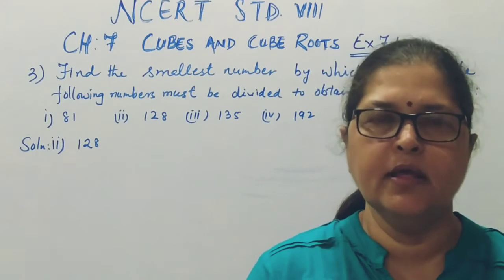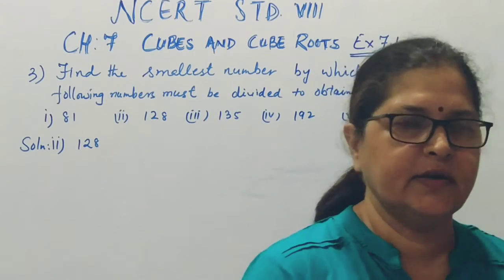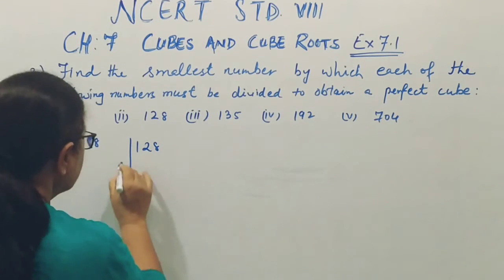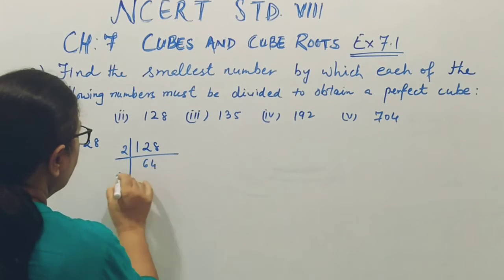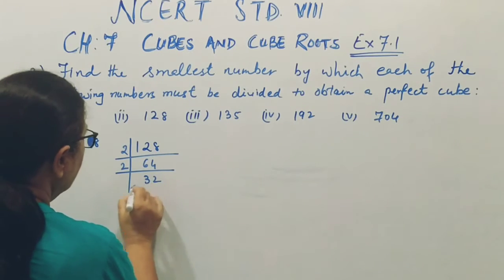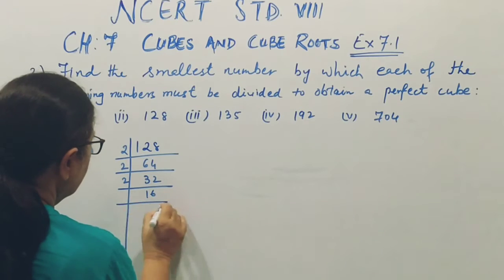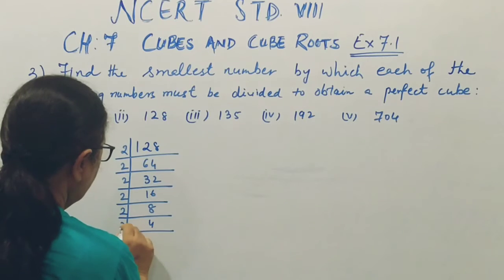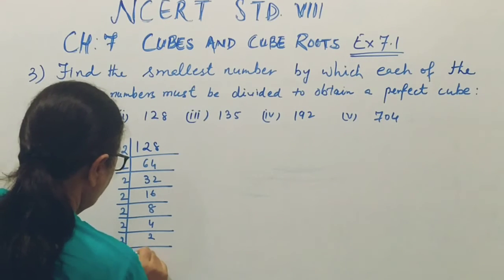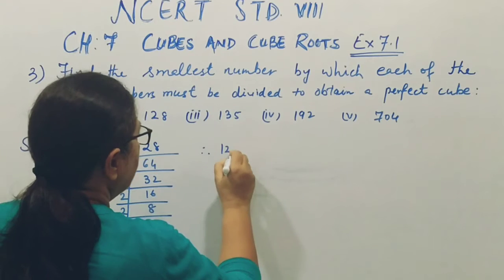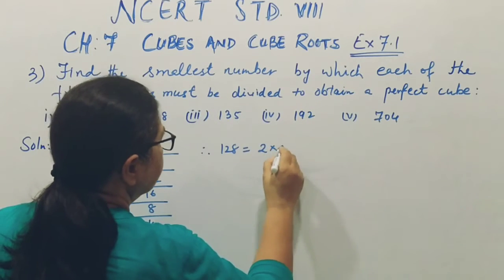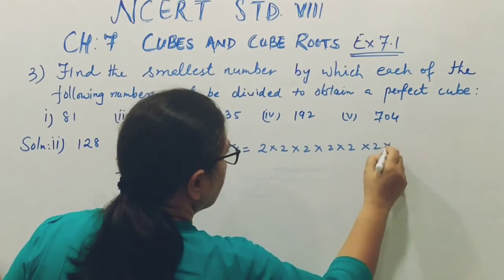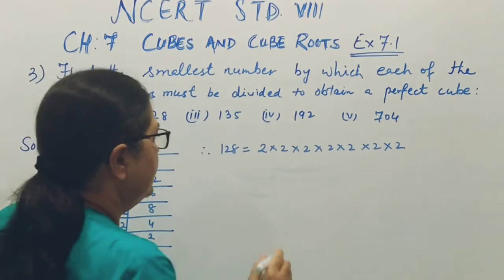Second part, the number is 128. Let us factorize it. It's an even number, so it is divisible by 2. 64, again 2, 32, again 2, 16, again 2, 8, again 2, 4, again 2, 2, again 2, 1. Therefore, 128 is equal to 7 times 2 multiplied.